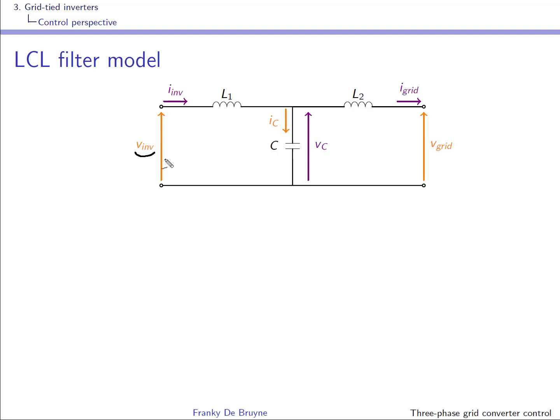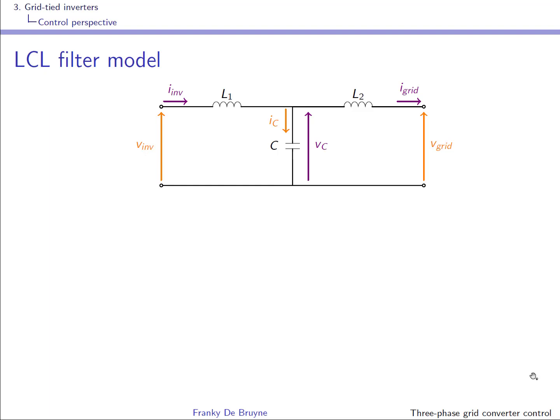So your inverter system plus LCL filter can be abstracted to an LCL filter model, with at the input this inverter voltage, and we'll have to add a small model of the DC bus, and we'll do that later on in the course.